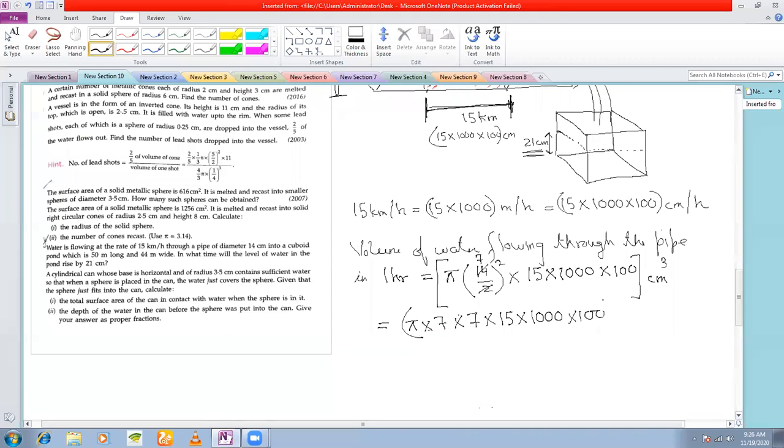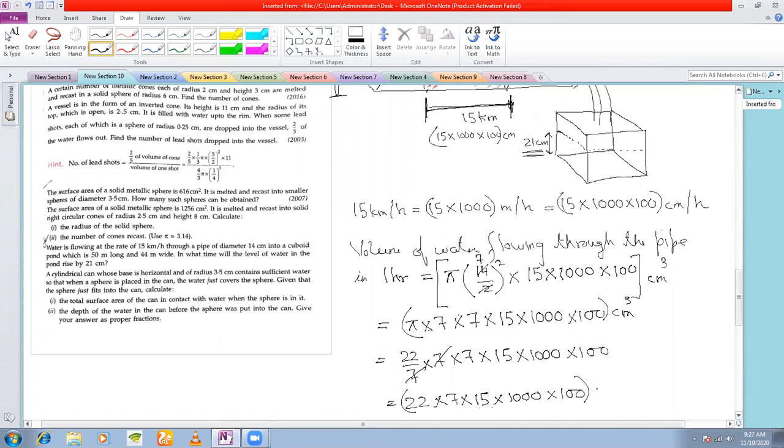You put the value of pi also, and 7 can be cancelled. So this is the volume of water flowing in 1 hour.